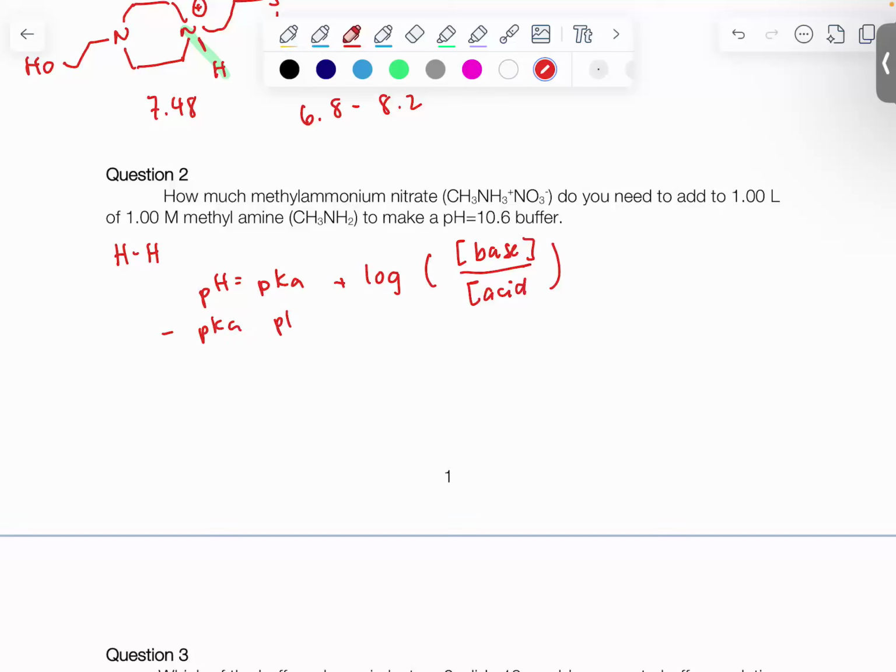So we can do this, or if you wanted to plug it in, you could plug in the values. We know our concentration, so we can plug that in.